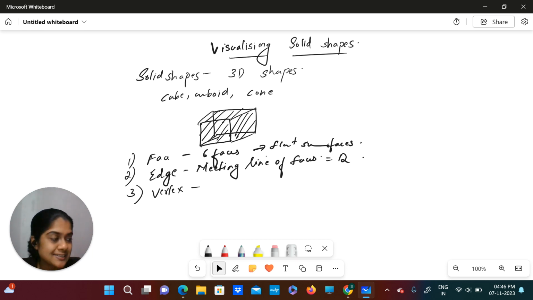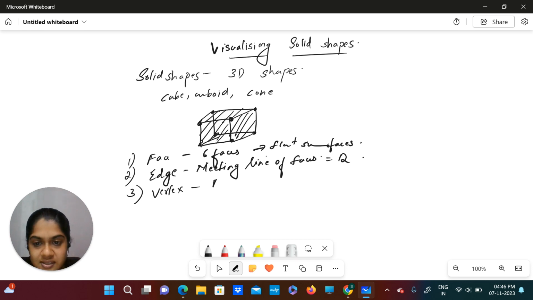And what is a vertex? The meeting point of edges is called a vertex. Look at this. This is one edge, this is another edge, and they meet at a corner here. So the vertices are 1, 2, 3, 4, 5, 6, 7, 8.